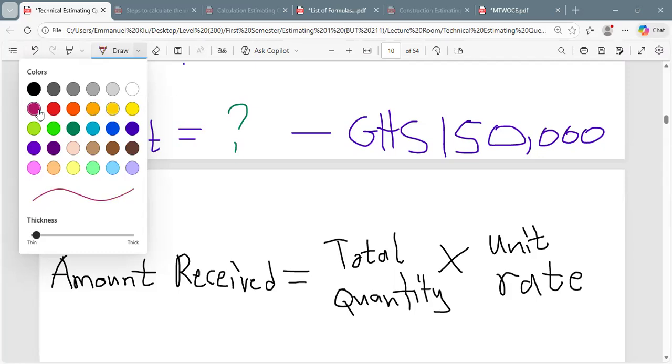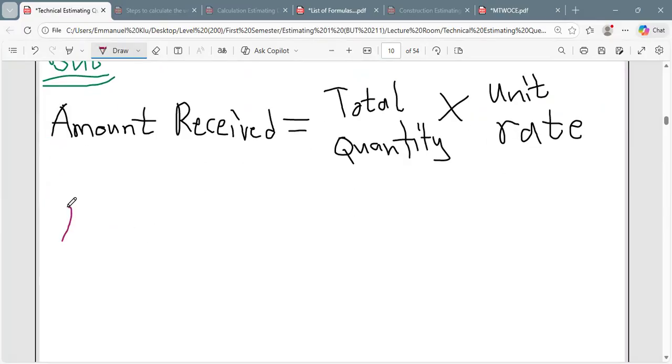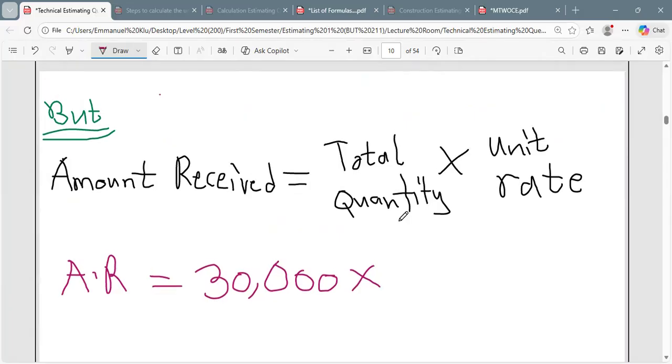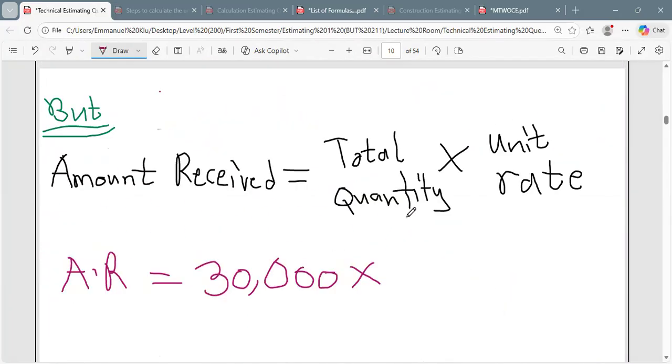The amount received is equal to our total quantity, which is 30,000, times the unit rate. The unit rate, what did we get? 6.50.